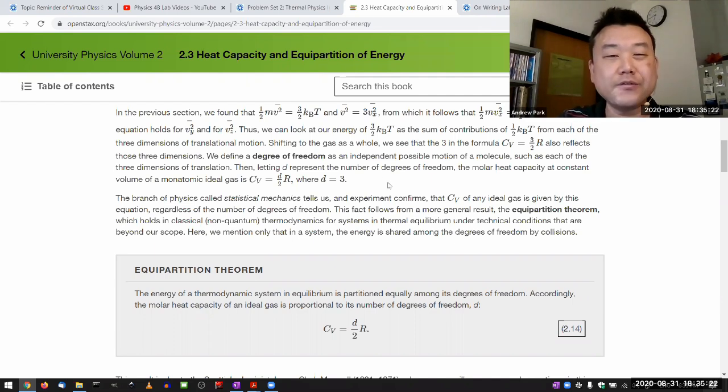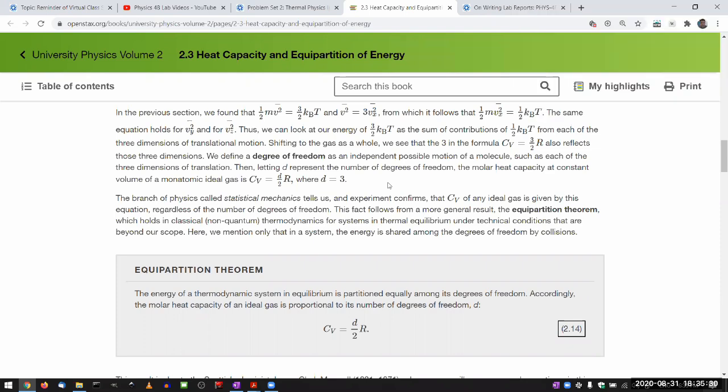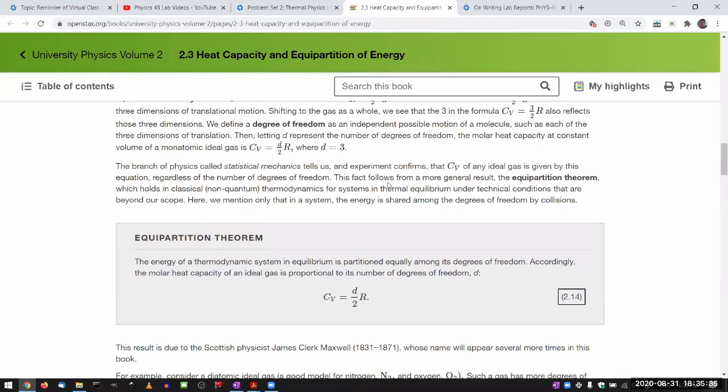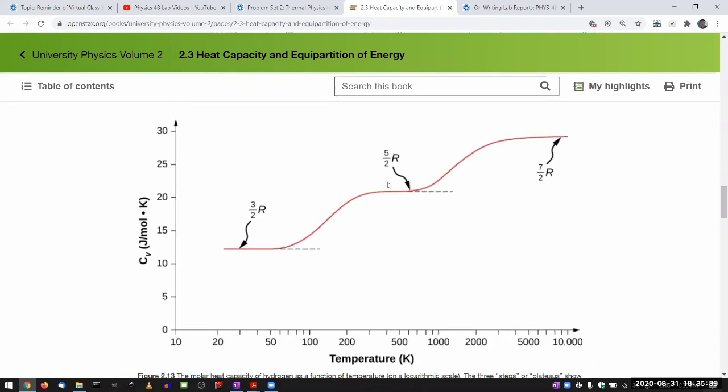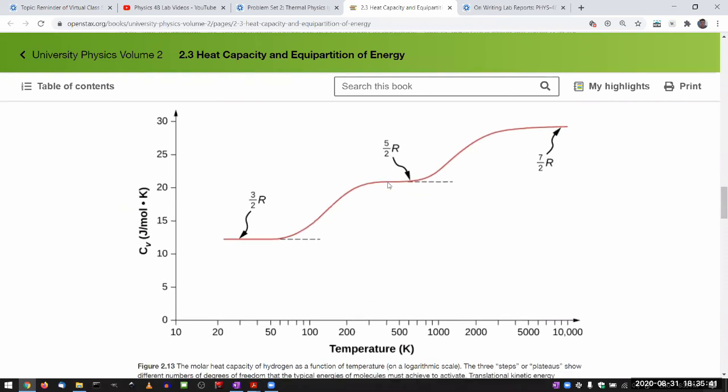If you took chemistry, either in high school or in college, you might remember this reference to degrees of freedom being frozen out. In fact, I think there's one of the conceptual questions that refer to that. And this plot explains it better than what I can ramble right now.